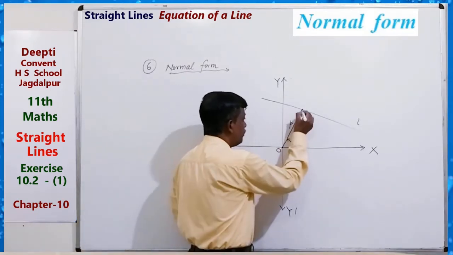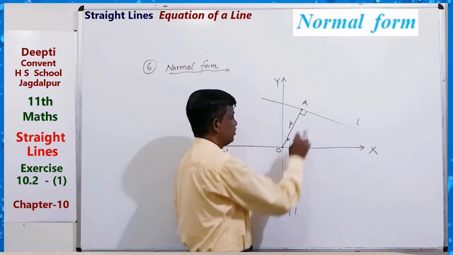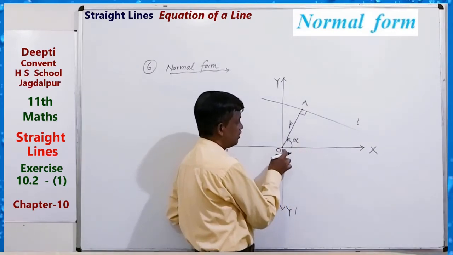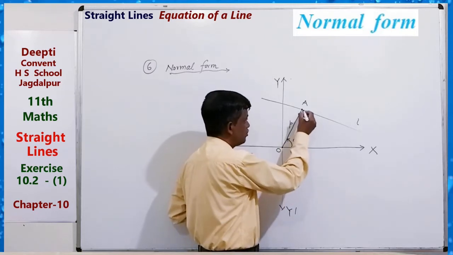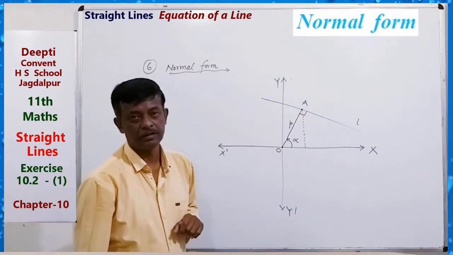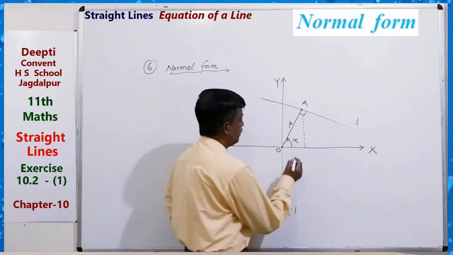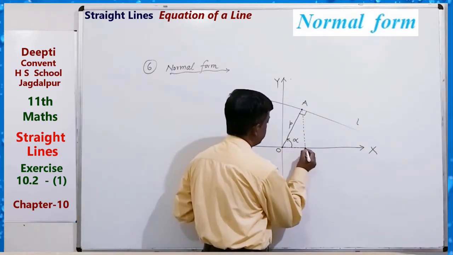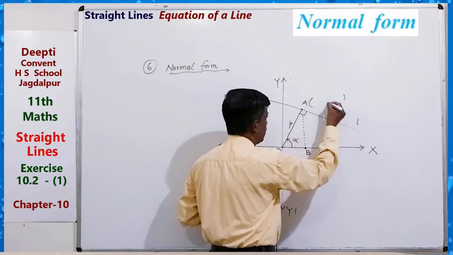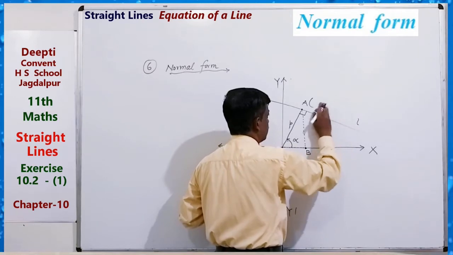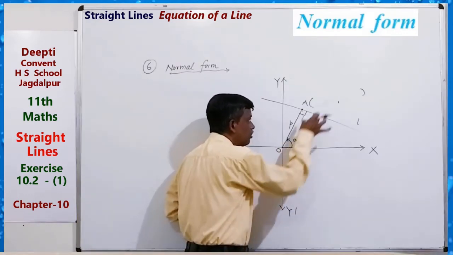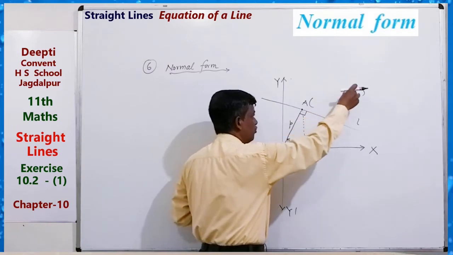Now, if this point is A, the foot of the perpendicular from origin to the line, then if alpha is the angle between the perpendicular and x-axis, we can draw a perpendicular from here, and suppose this is B. Then the coordinate of A can be written as, this is the value of x, this is the value of y.